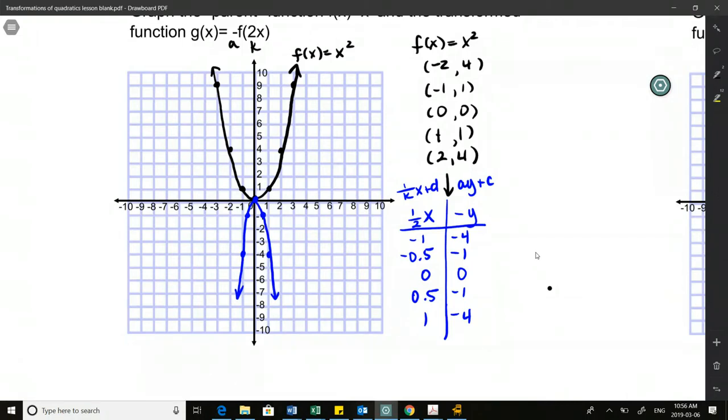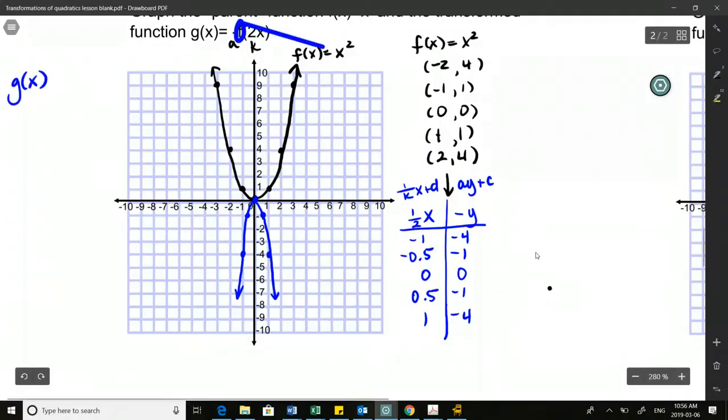Okay, and we're going to take a step here to label the new graph with its transformed function. So g of x, here I'm taking out this f and replacing it with a squared on the outside of this bracket. So it will look like this, negative and then 2x squared. So that's what I'm going to label this graph with.